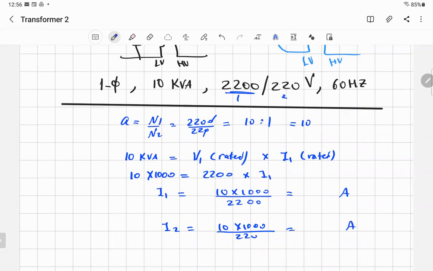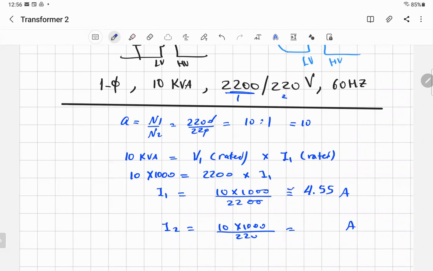You get the rated current. That will be 100 over 22, right? That will be 4.55.